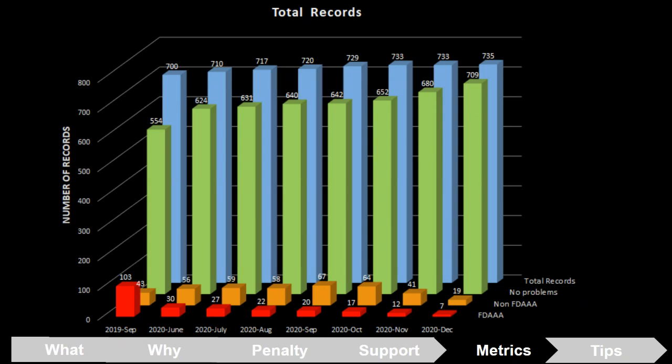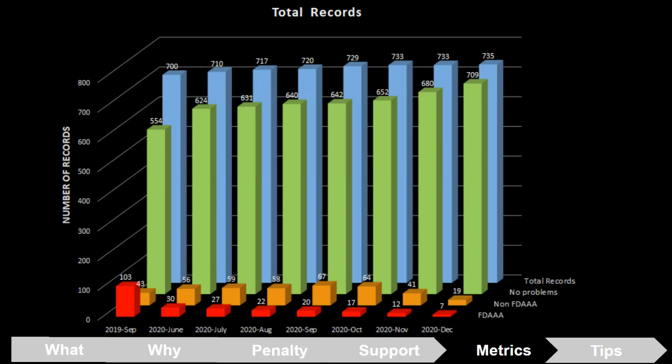This shows overall real-time compliance for all UT Southwestern records. The blue histogram is the total number of trials registered under the UT Southwestern account. Green is the number of records with no problem, no issue. The orange is the problem records that are not FDA-regulated trials, but have been flagged in the system with some sort of error, which must be corrected. And the red is the FDA-regulated trials that are currently under ct.gov review, so they have not been accepted yet.